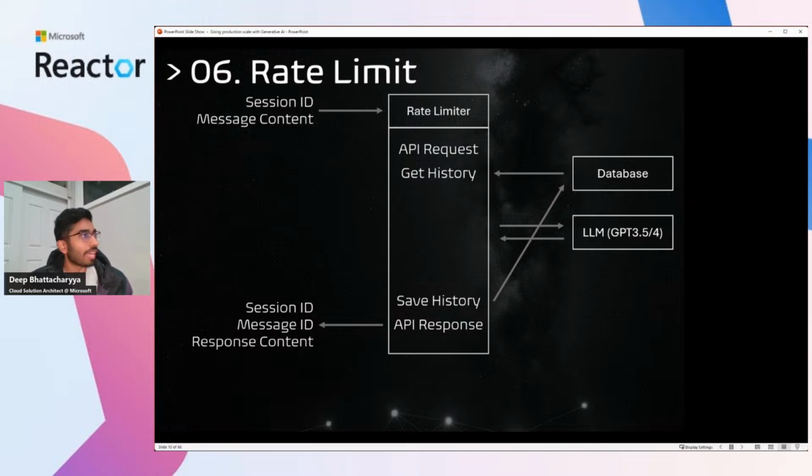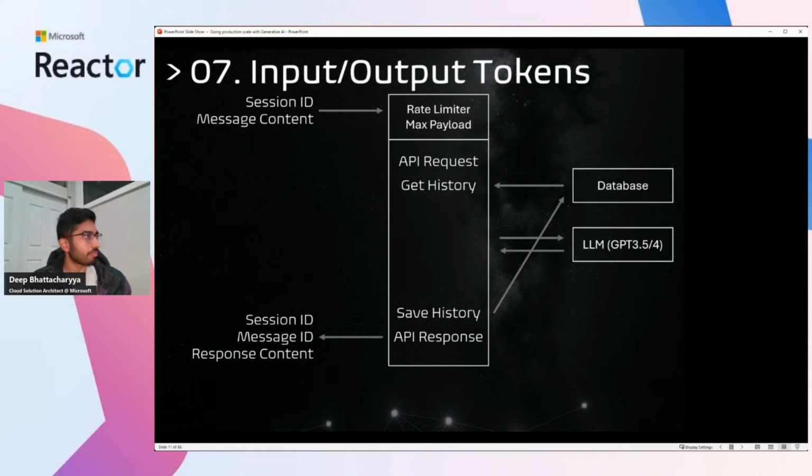Finally, you've got a rate limiter there as well. So as I mentioned, you should use something like APIM as a gateway to make sure that the users aren't abusing your system, and to also prevent DDoS attacks and other scenarios in production.